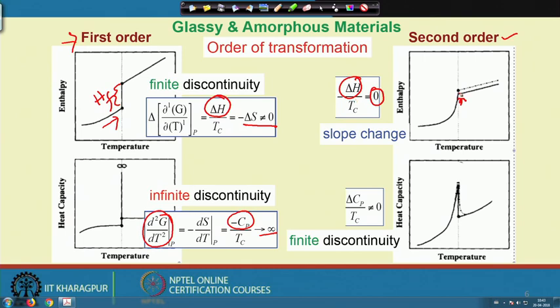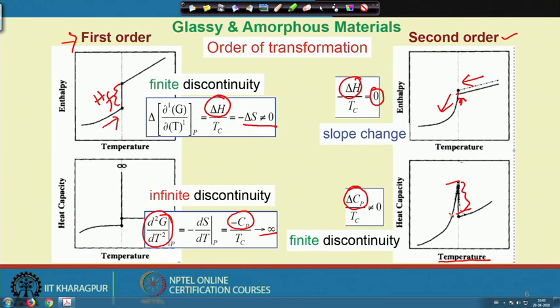So, there is no net change in delta H at this phase transition, and therefore you only see a slope change during a second order phase transformation. Whereas, if you take the second order derivative of enthalpy, which gives you the value of Cp, here you will get a finite value, which is a finite discontinuity.